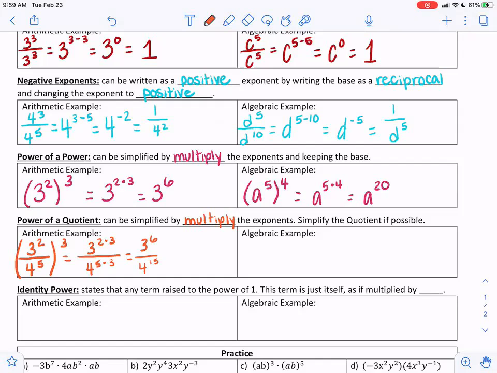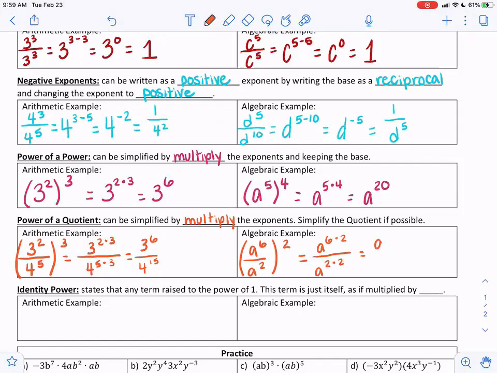The algebraic example, maybe I have a to the 5th over a, let's actually change that. Let's do a to the 6th over a to the 2nd, all raised to the 2nd power. So now we're going to do a to the 6th times 2, a to the 2 times 2.